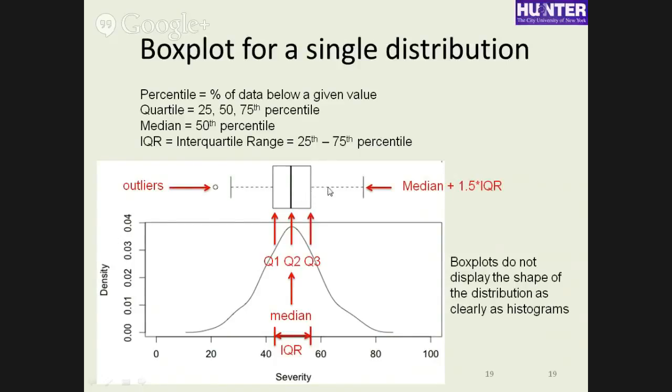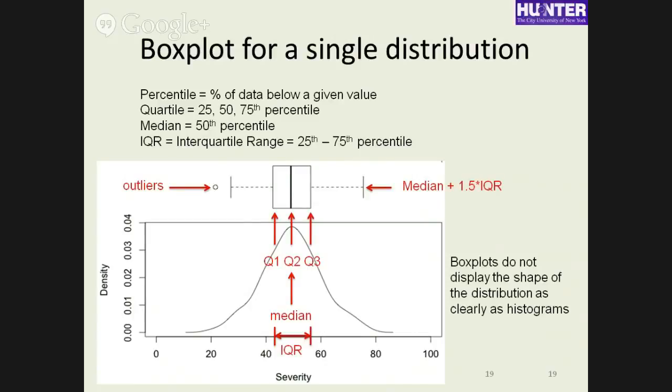So you can kind of see it here. This is the IQR. It's about 20 wide or something, so 1.5 times that would be 30. So it's about 1, 2, 3. So that's a box plot.